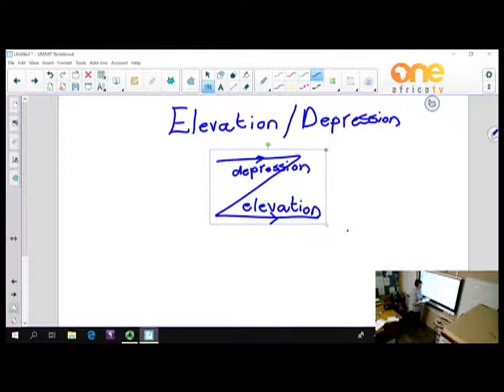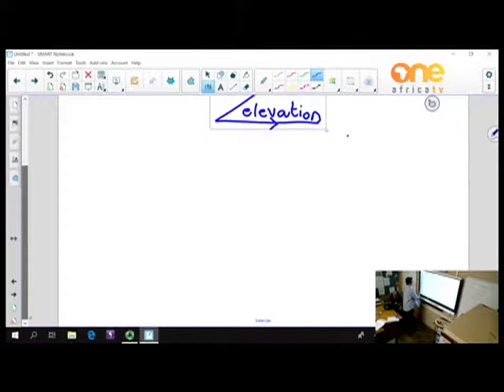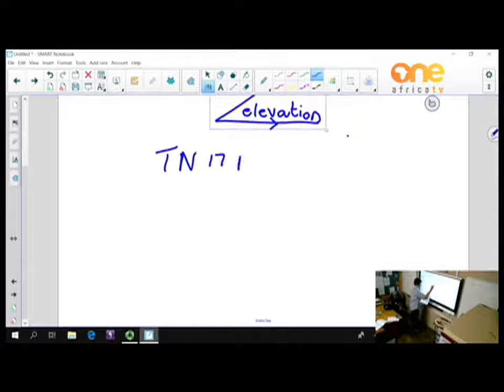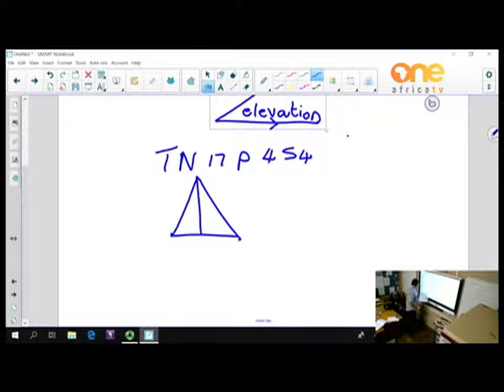Now this is what we have on page 454. And we're going to look now at try now 17 on page 454. Right, I'll explain this first one. So there's a pole. The flagpole PZ is 10 meters high, so that one is 10.